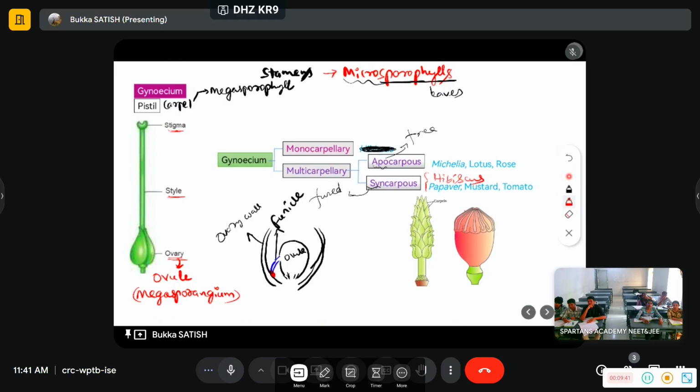This is the point where the ovule is attached to the ovary wall. This is one cushion-like structure on the ovary wall where this ovule is attached. This cushion-like structure is what we call placenta. Right? Which means how the placenta is arranged inside the ovary is the arrangement of ovules, right?